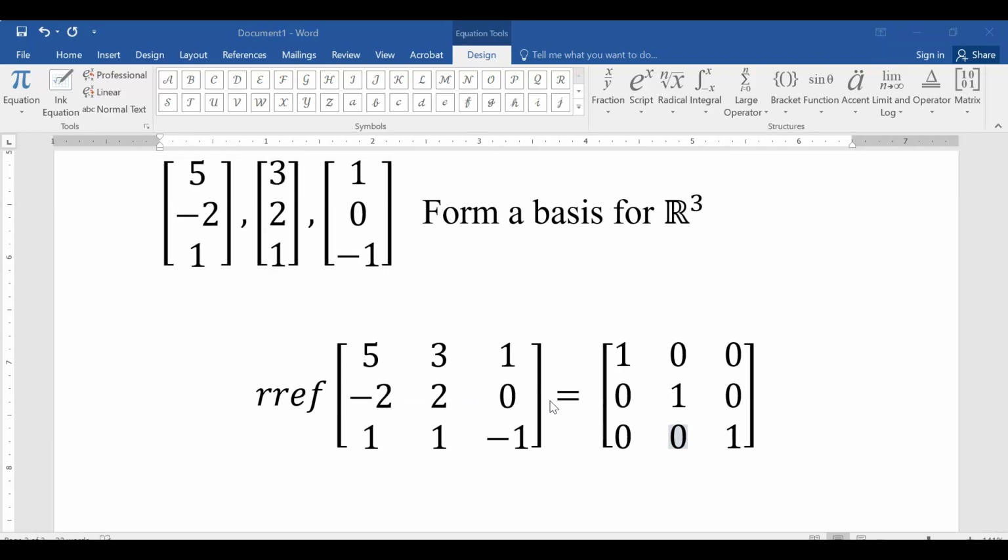Now, once we row reduce that matrix, we get the identity.